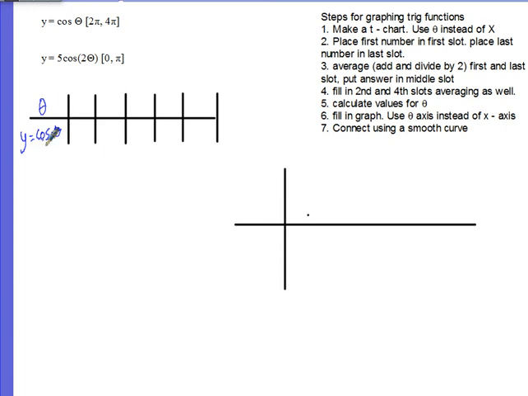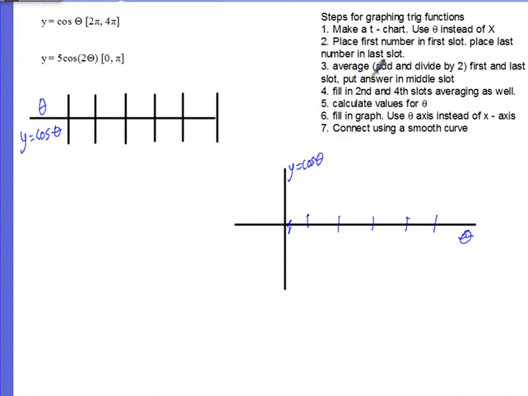Okay, so I have my theta, I have my x. So this is going to be y equals cosine theta, and here's a break. This is my theta axis.